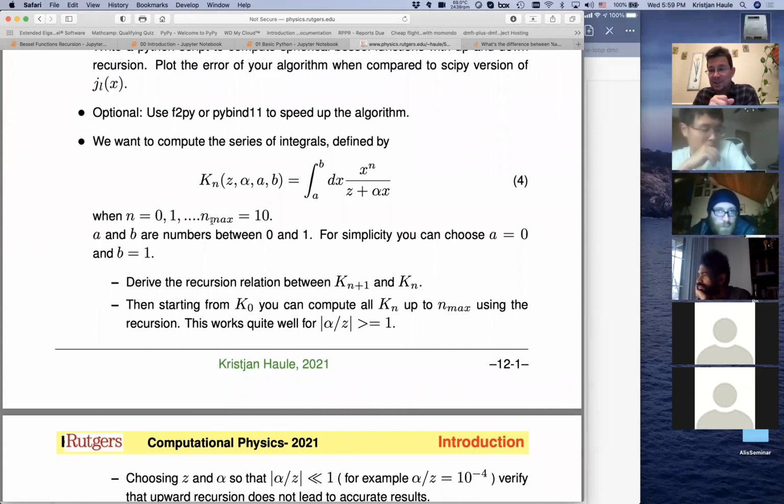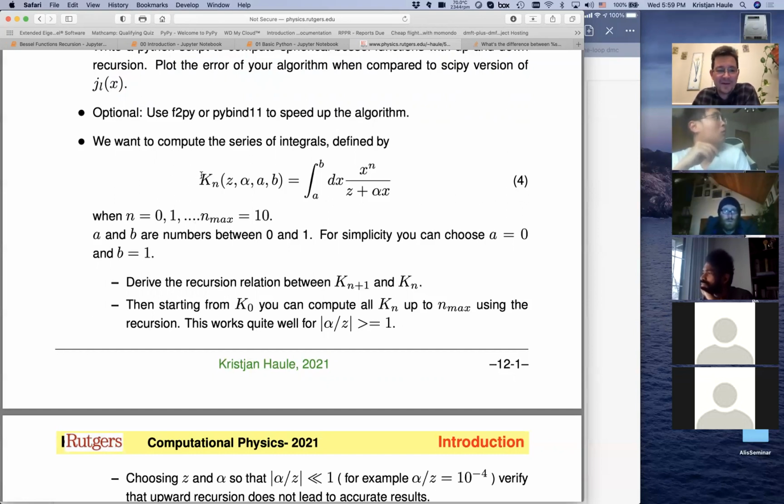First is to figure out what the proper recursive relation is, and second is to implement it. The recursive relation is somewhat similar to the Bessel function, but different. It turns out it's linear, but not homogeneous, so it has a little bit of extra complexity. But don't worry, I will show you the solution here, so you don't need to spend an entire weekend trying to figure out how to solve that.